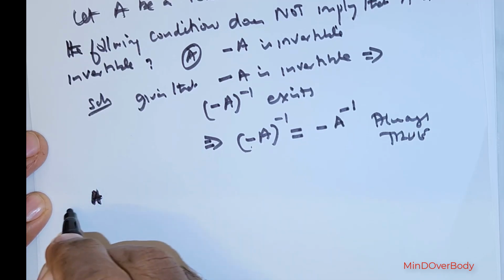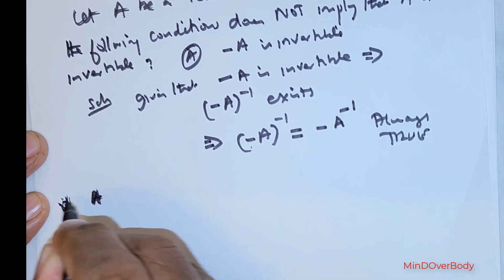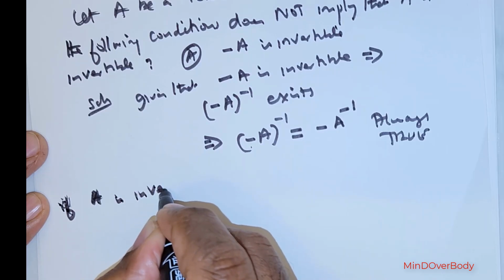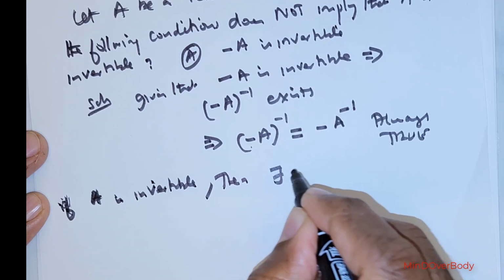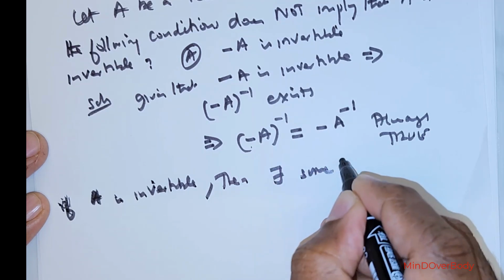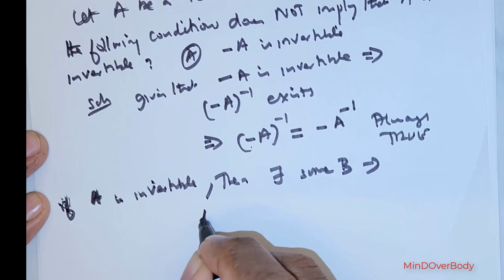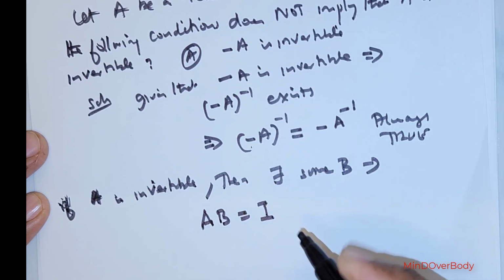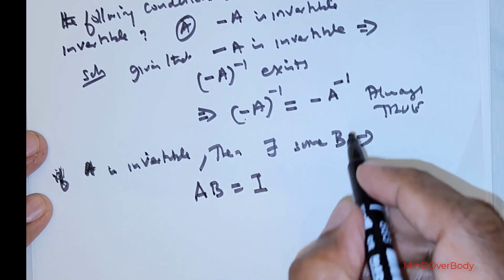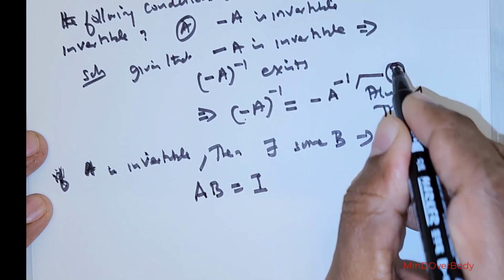Let me write that. If A is invertible, then there exists some B such that A times B is equal to I. I is the identity matrix. Let me write this as 1.